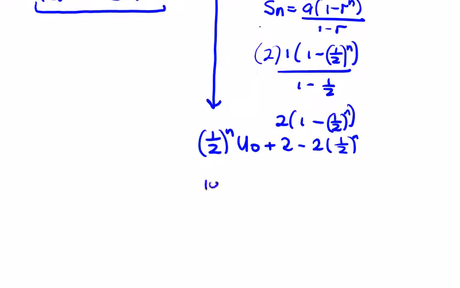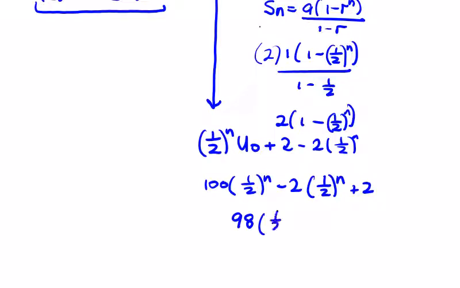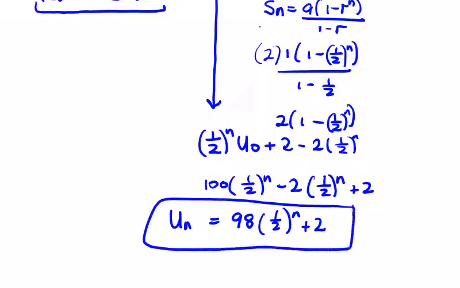So we have 100 times a half to the power of n minus twice a half to the power of n plus 2, which is going to give me 98 times a half to the power of n plus 2 for this expression un. So this is solving this difference equation. And obviously the limit as n approaches infinity here is going to be 98 times 0 plus 2, which is just equal to 2.